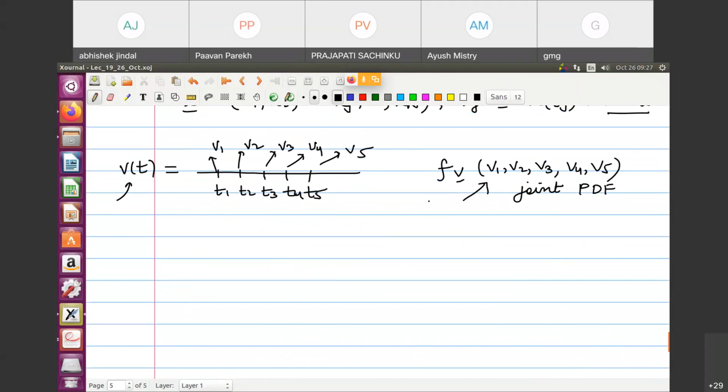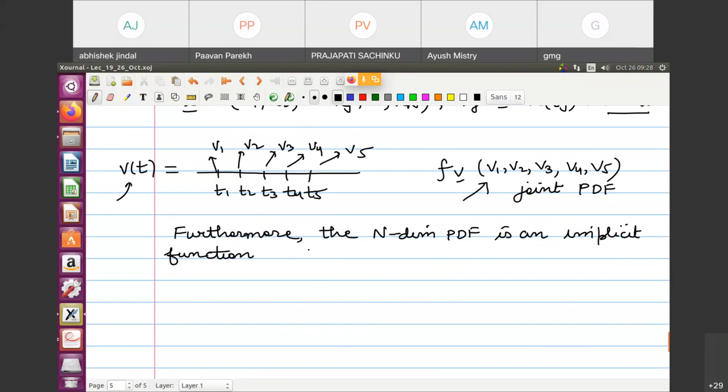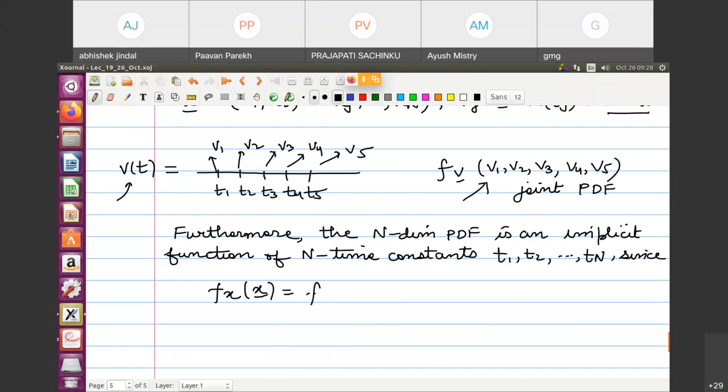Furthermore, the n-dimensional PDF is an implicit function of n time instants t1, t2, up to t of n, since f of x, x bar is f of x.